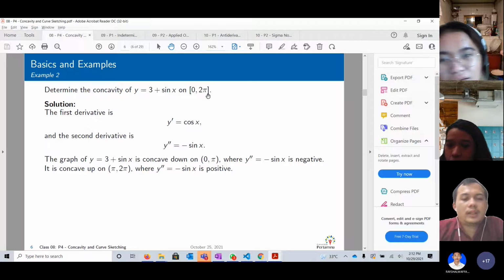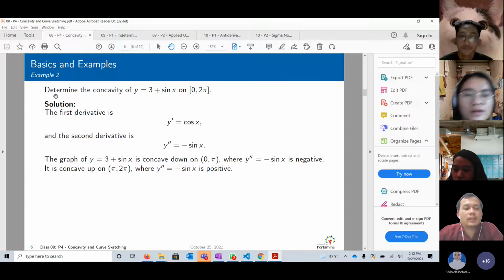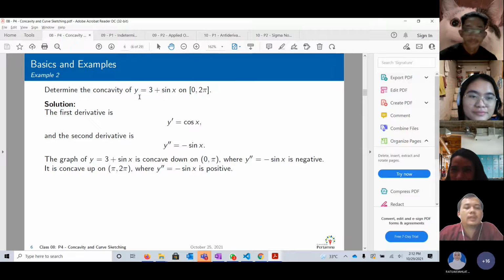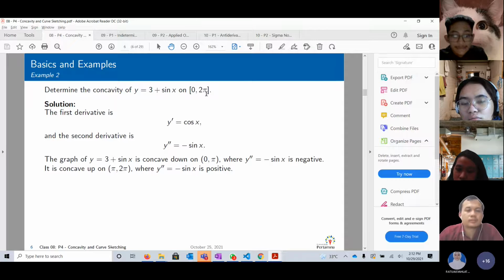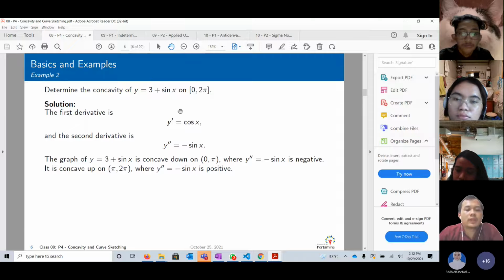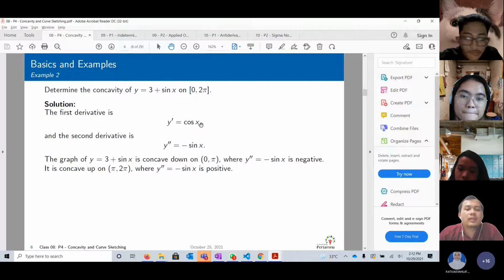Now, if we have another question: determine the concavity of f(x) = 3 + sin x on 0 to 2 pi. In this case, the first derivative is cosine of x, and the second derivative is minus sine of x.